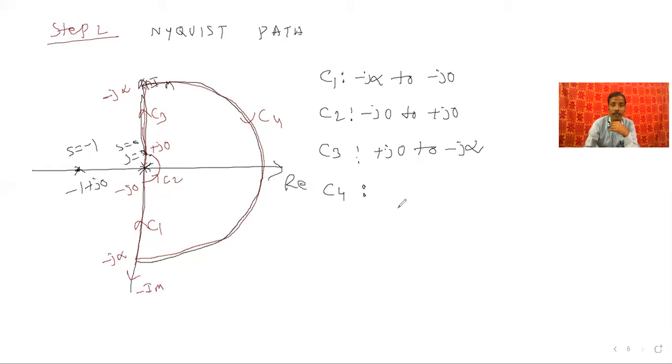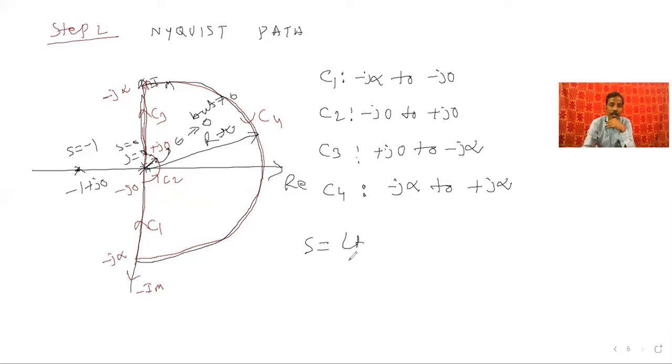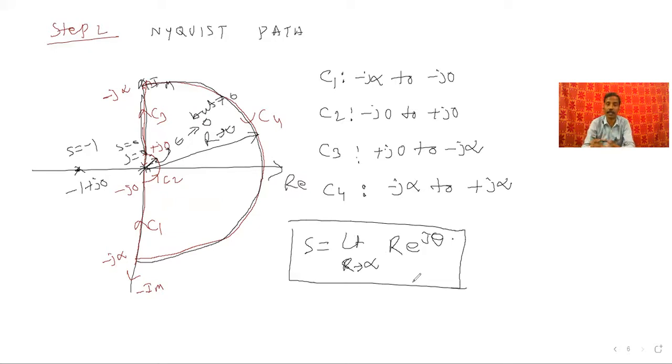That means minus j infinity to plus j infinity, the Nyquist range. This is the Nyquist path, and this radius R tends to infinity, and this small radius epsilon tends to 0 but not equal to 0, and s equals limit R tends to infinity, R into e to the power j theta. This is the condition. So this is the Nyquist path.